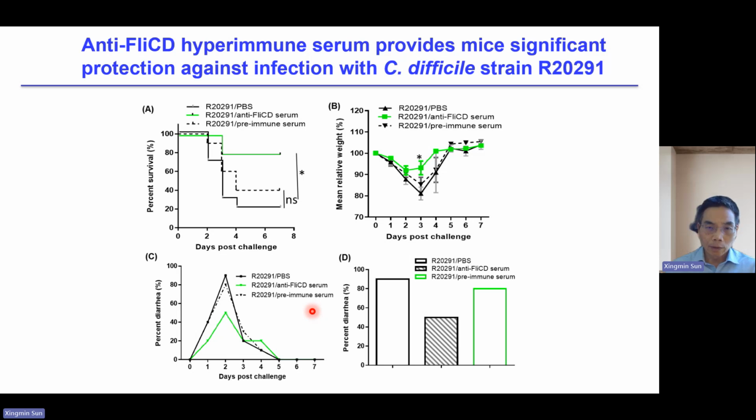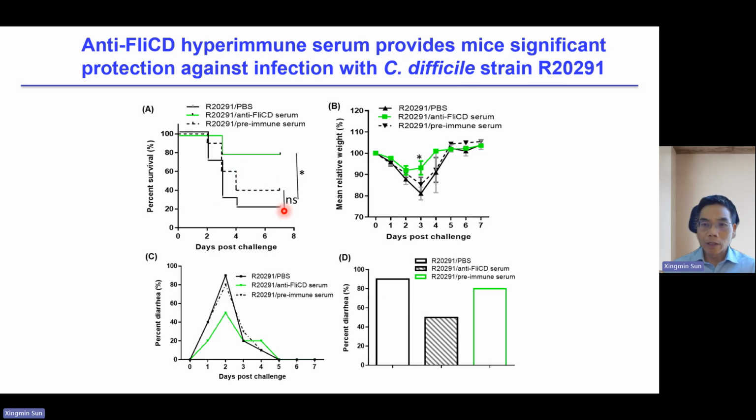So we collected the anti-FliC serum from immunized mice, then injected the anti-FliC serum into naive mice. We challenged different groups of mice, including the control, with C. difficile strain R20291 spores. Then we monitored the survival, the weight changes, as well as the percentage of diarrhea.